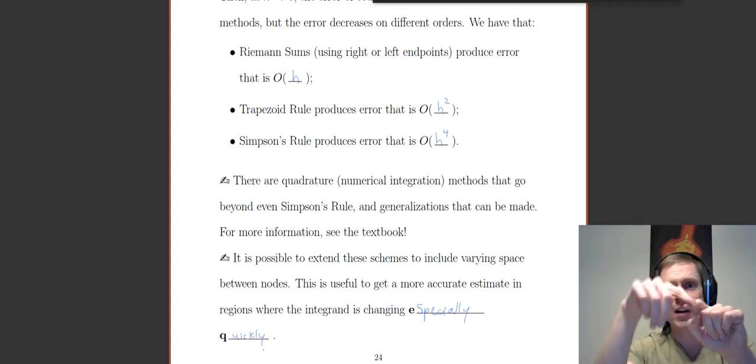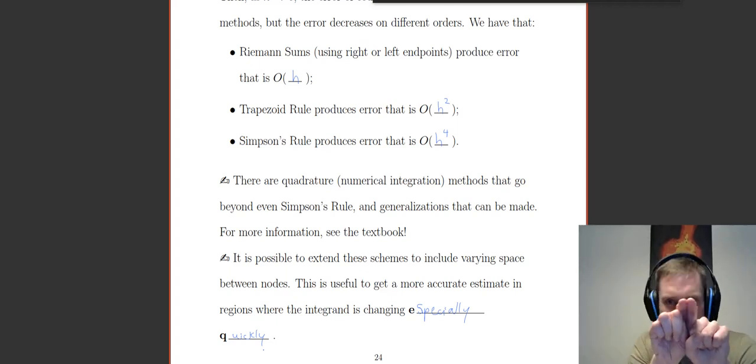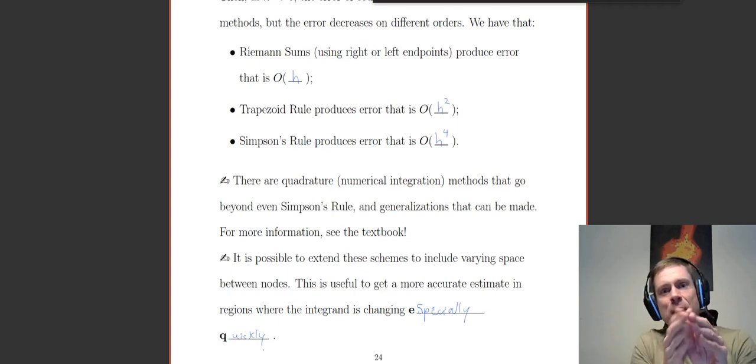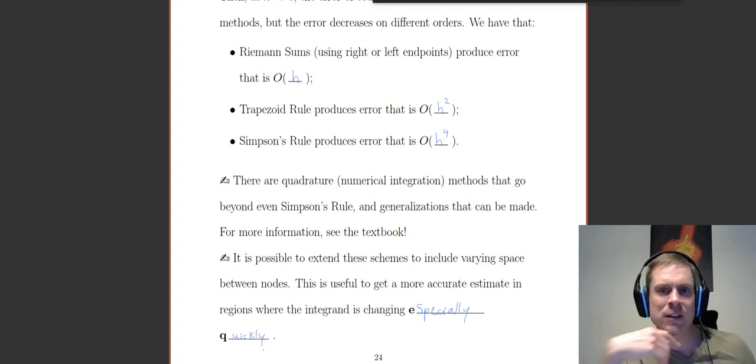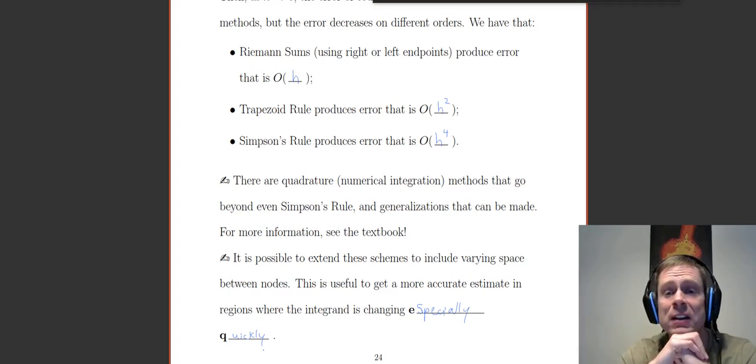But where it's changing very quickly, maybe it would be better to sample that function over many more nodes during the duration of that spike. That way you can add up smaller bits of area that more accurately represent the shape of the curve. And so you can do this kind of thing, blending techniques or having what are called adaptive approaches, adaptive step sizes, and so on. Okay, so that about does it for this topic.